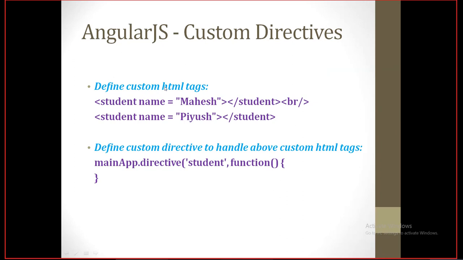We have a custom HTML tag like student, and this student tag has an attribute name. We have closed the student tag, and again we have defined the student. So these are the custom HTML tags.